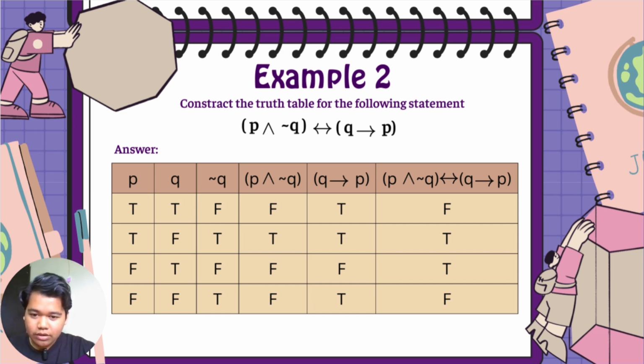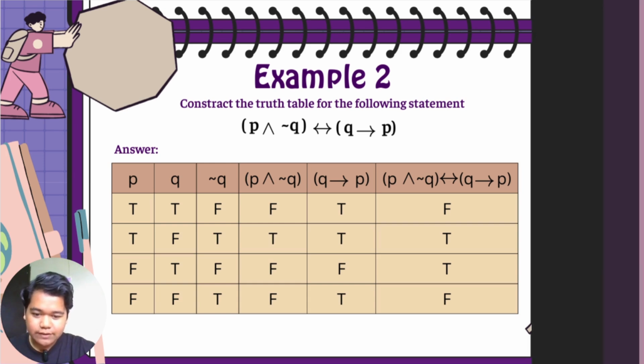Then not Q is false, true, false, true. Then P and not Q is false, true, false, false. Then Q implies P is true, true, false, true. And the last column, P and not Q biconditional Q implies P, is false, true, true, false.